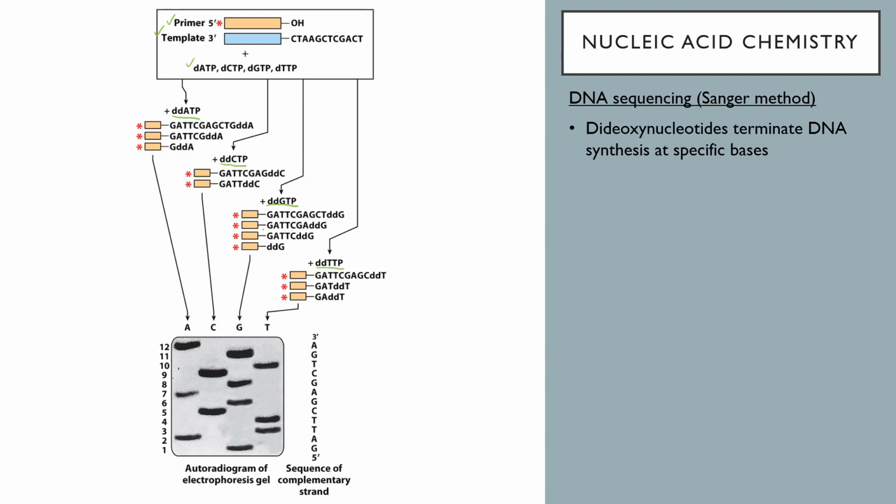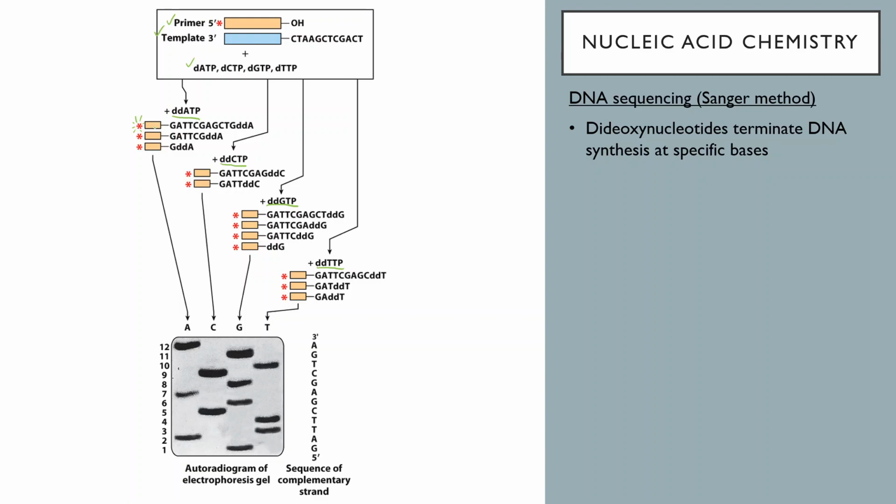And then in each case, you would end up with a bunch of pieces of single-stranded DNA, which would start with your primer, and usually the primer is labeled. In the old days, they would label it with a radioactive isotope, maybe an isotope of phosphorus or carbon or hydrogen, whatever one they wanted to use.